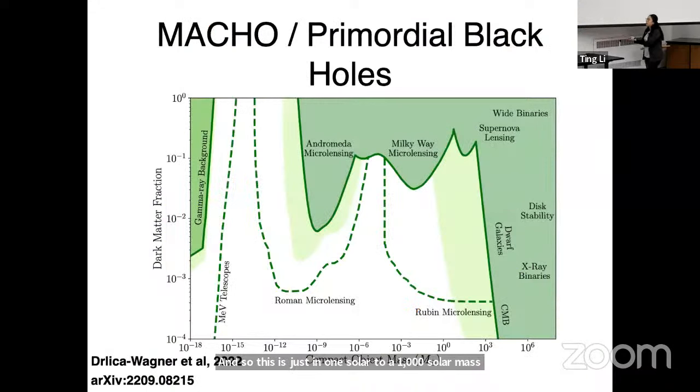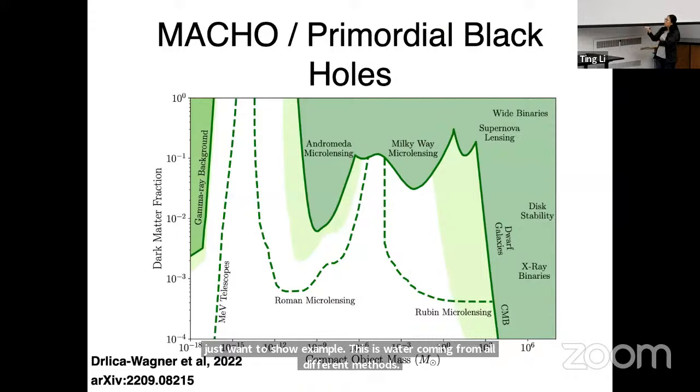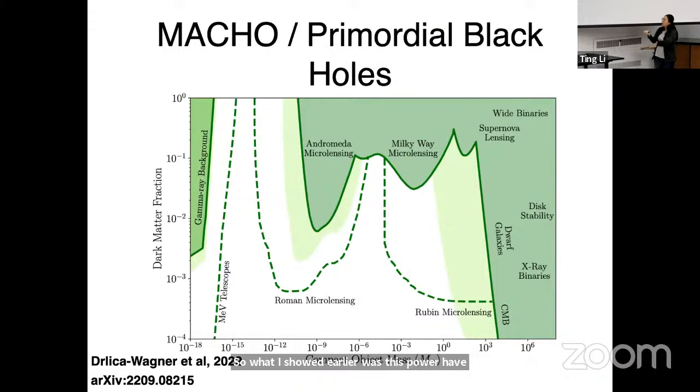This is what's coming from all different methods. So what I showed earlier was this part that we're trying to put some constraint on. There are also microlensing events, wide binaries, which I talked about earlier, and also gamma rays to rule out MACHO or primordial black holes as the dominant dark matter candidates across about 20 orders of magnitude.